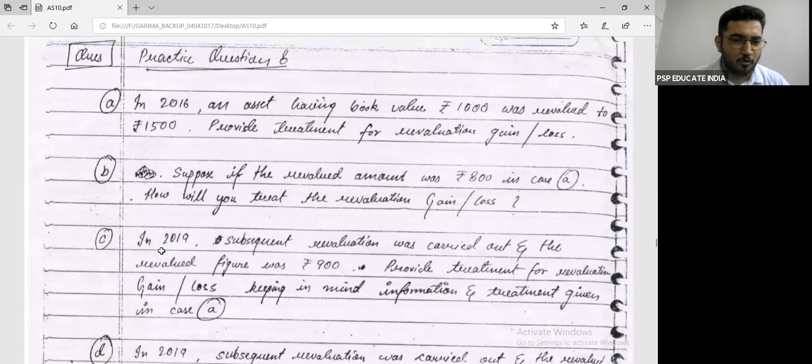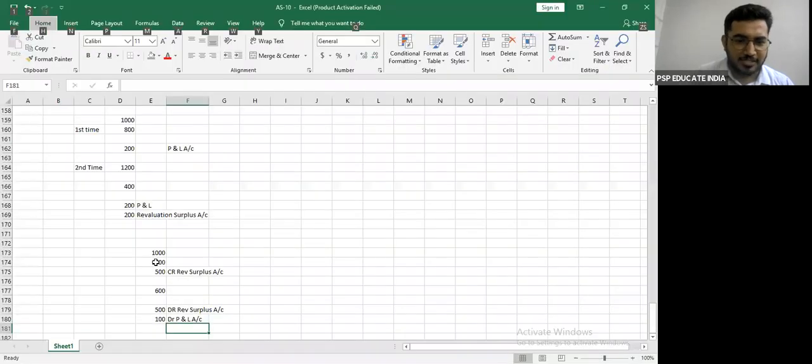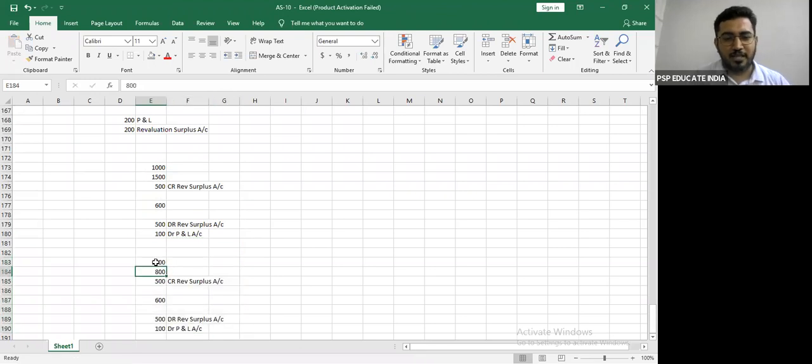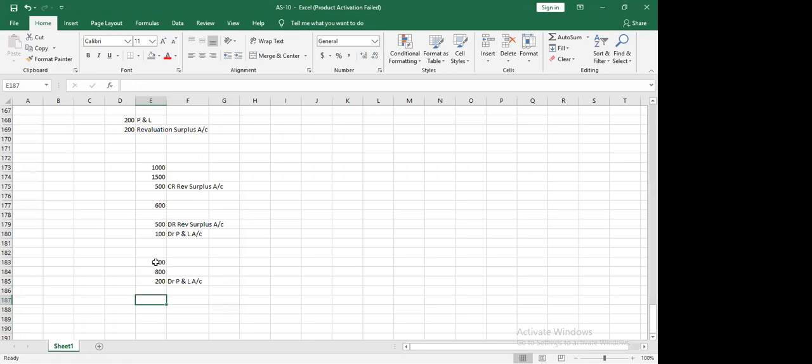So let's figure out case B. In case B, you first had 1000, then you had 800, which gave you a loss of 200, which we debited to the profit and loss account. Now tell me, what should we do next? Now the revaluation amount is 1200.